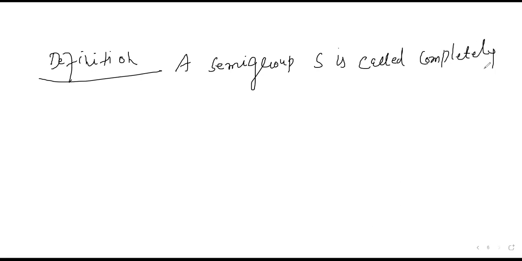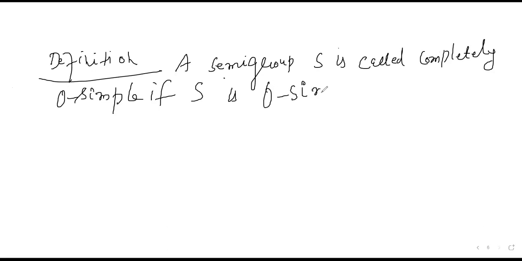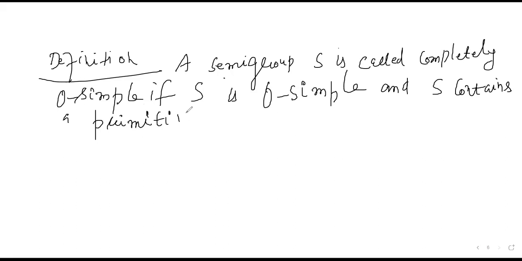A semigroup S is called completely zero simple if S is zero simple and S contains a primitive idempotent.